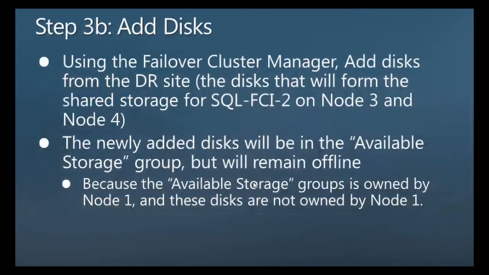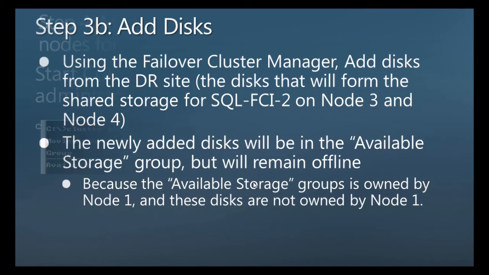Now you're going to create the disk. You can use Failover Cluster Manager to add disks from the DR side. The disks will form shared storage for instance 2 on node 3 and node 4. The newly added disk will be in available storage, but it will remain offline. That's because the available storage group is owned by node 1, and these disks are not visible to or owned by node 1.